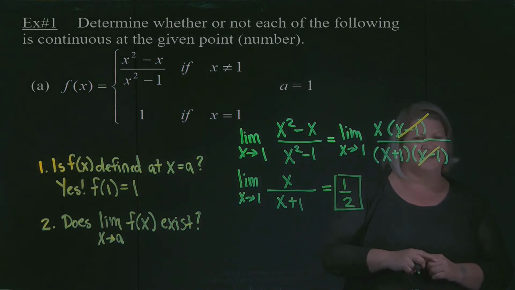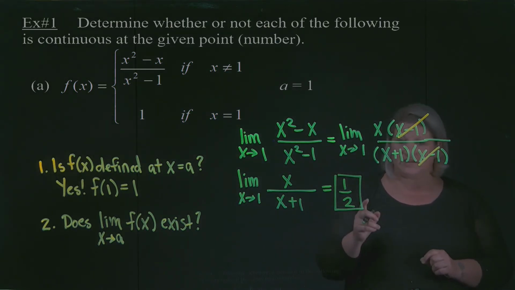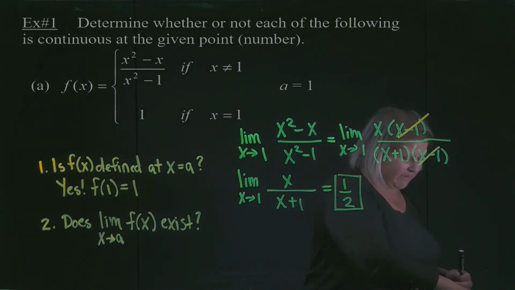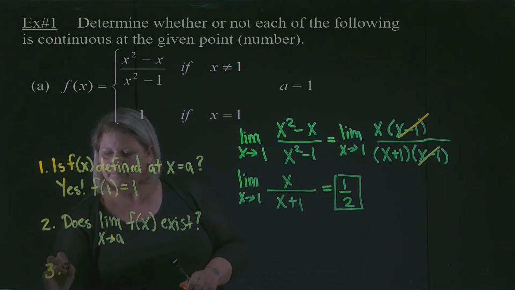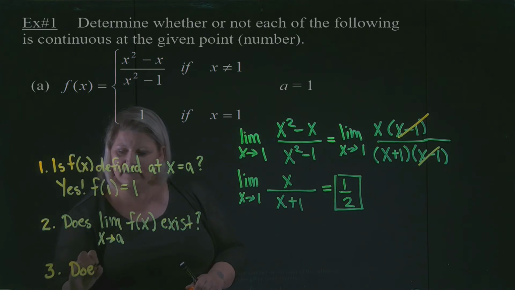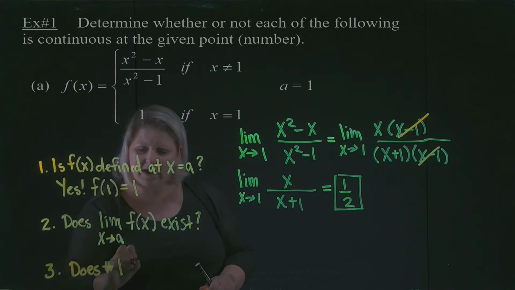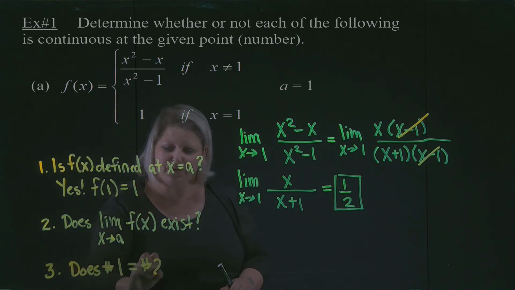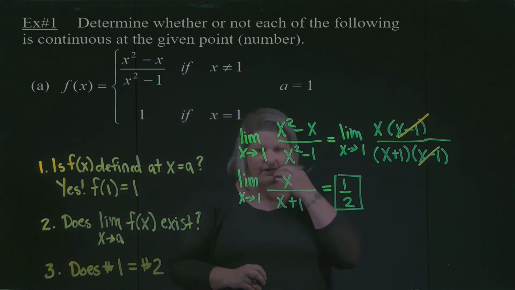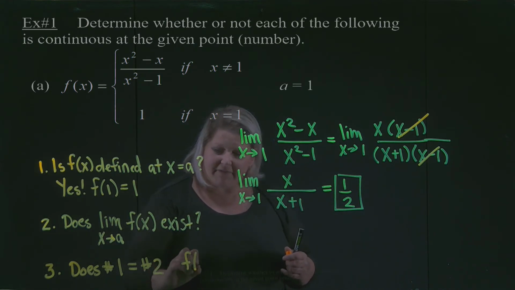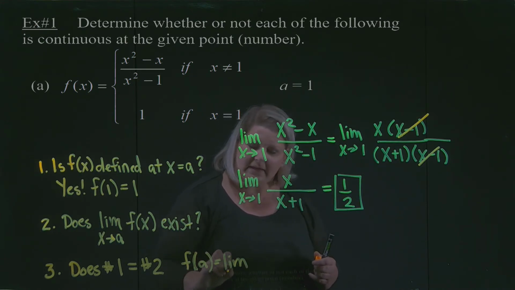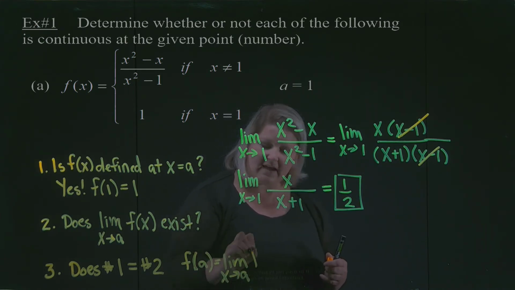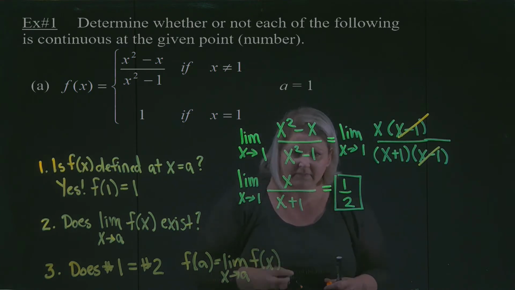Oh, interesting. Now notice, for my third step, it's basically this. Does number 1's result equal number 2's result? In other words, is f of a going to give me the limit as x approaches a of f of x?